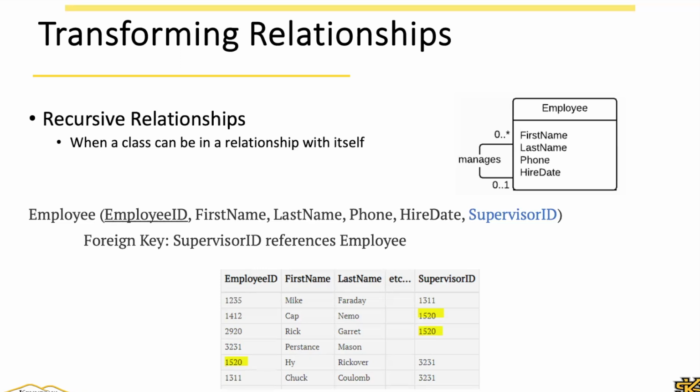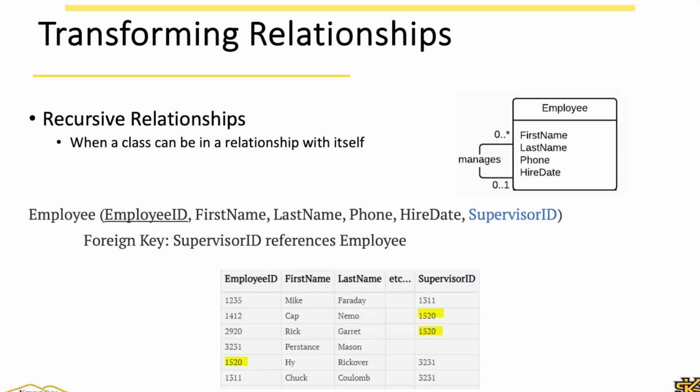The supervisor ID is a recursive foreign key because it references the same primary key, employee ID, within the same table. So the supervisor ID points to the employee ID of the supervisor or manager within the same employee table.